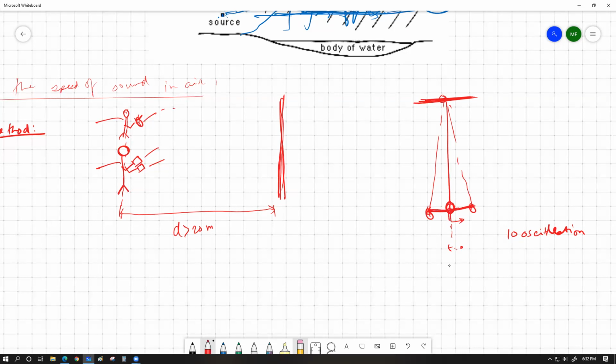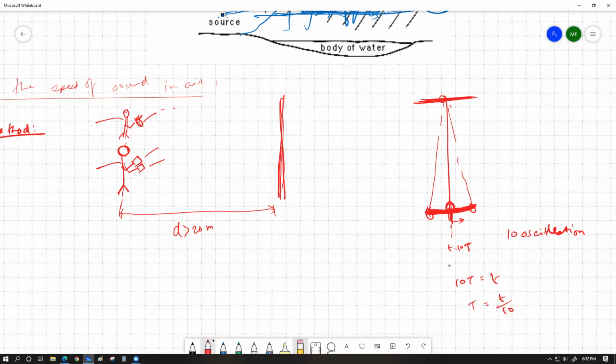So we count 1, 2, 3, 4, 5, 6, 7, 8, 9, and then when the pendulum finishes up over here, we stop the stopwatch. That practically gives us the amount of time it takes for 10 oscillations. So 10t equals the amount of time we calculate from the stopwatch. So time period will be given by the measured time divided by 10. That gives us the time period of the pendulum.